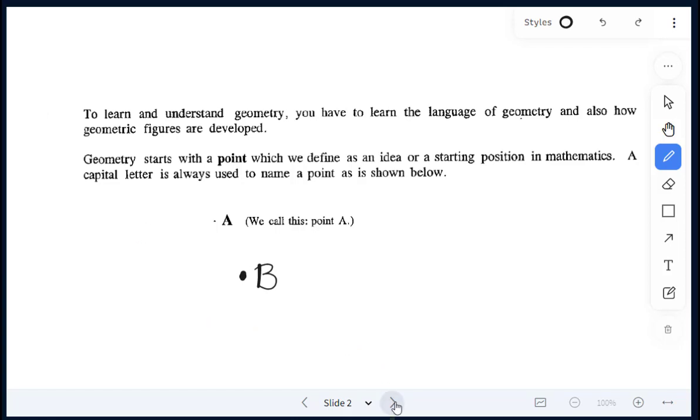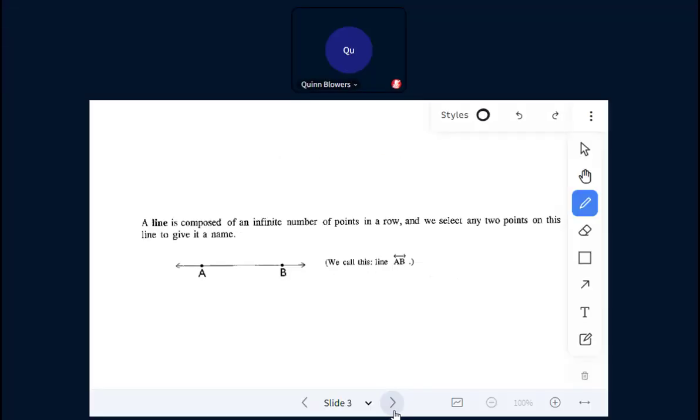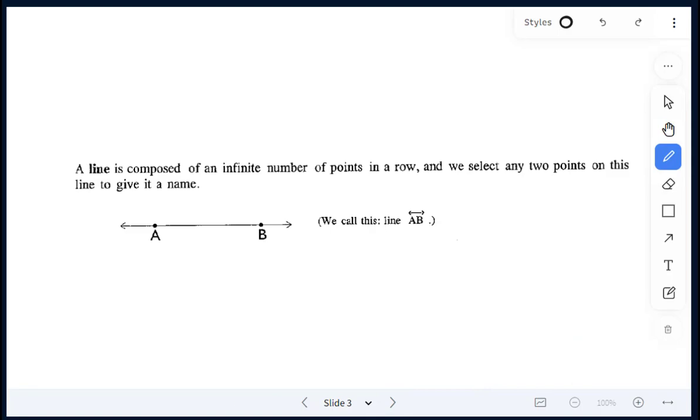All right, so after the point, we would have a line. It's composed of an infinite number of points. So there are points all along this line, but any 2 points can be selected to give it a name.